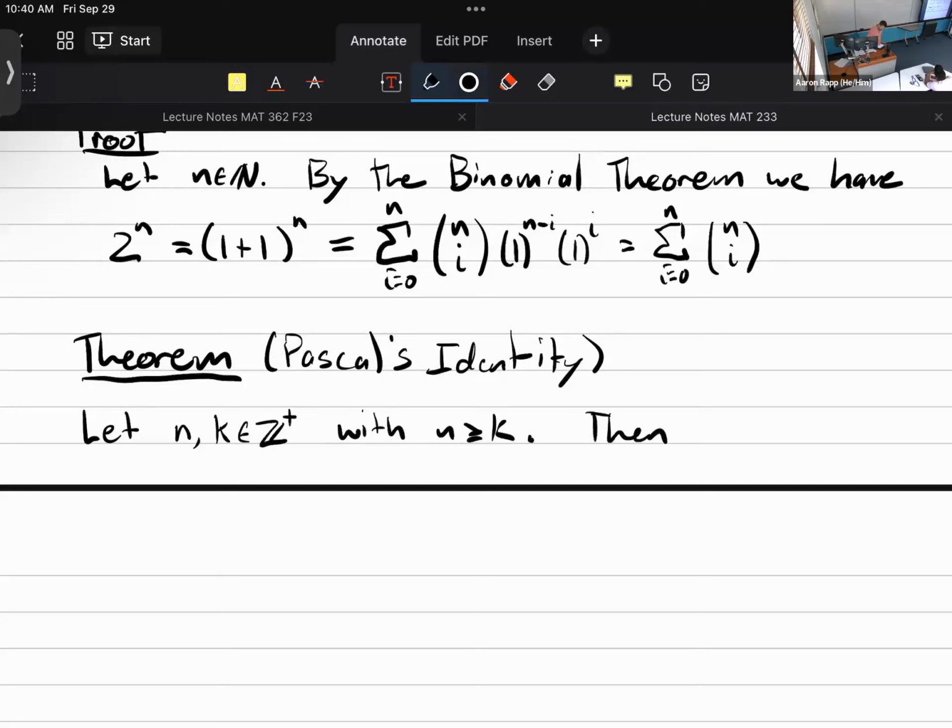Then the calculation of n plus 1 choose k can be broken down into two separate calculations: n choose k minus 1 plus n choose k.